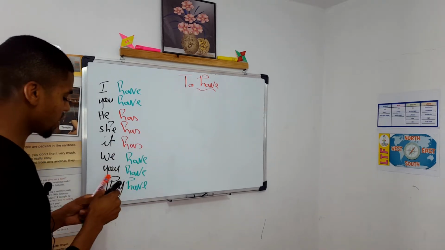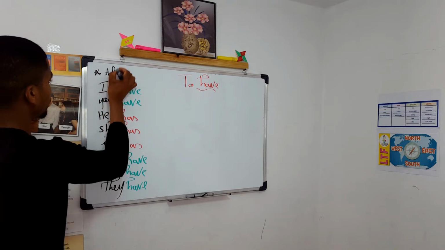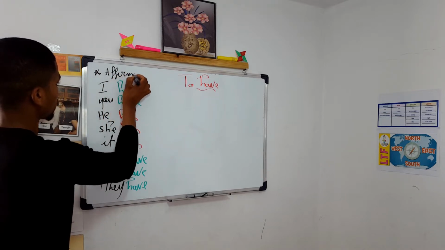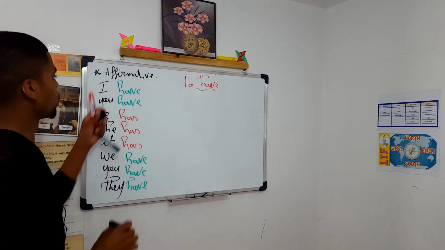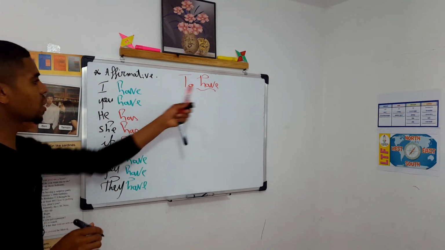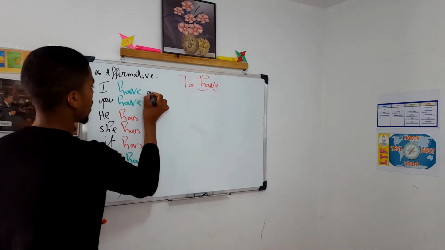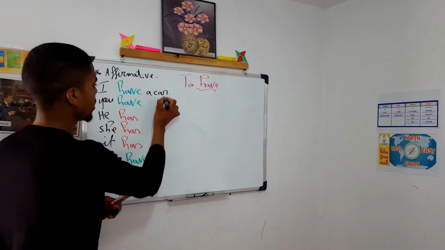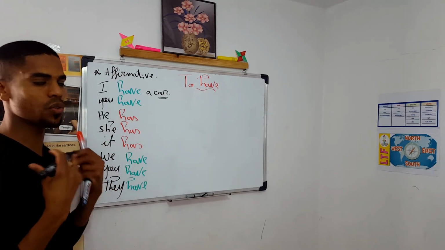When it comes to affirmative, we conjugate the verb to have like this. We say I have, for example, I have a car, which means this car, it's mine, I possess it, I own it, I am the owner of this car.